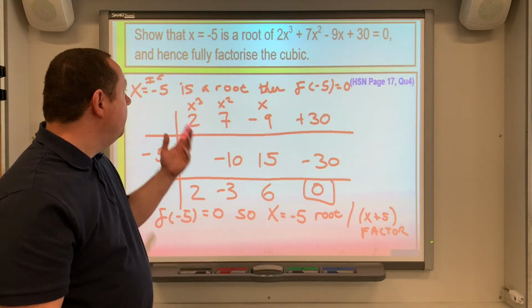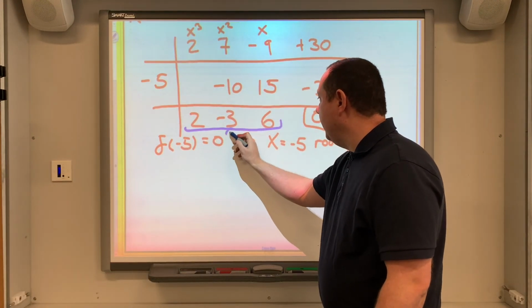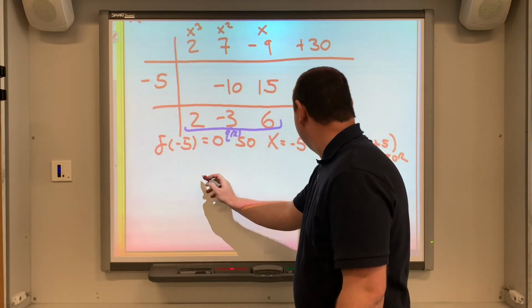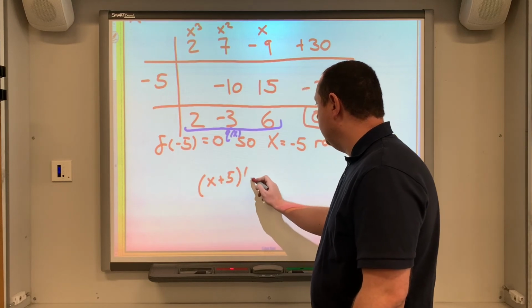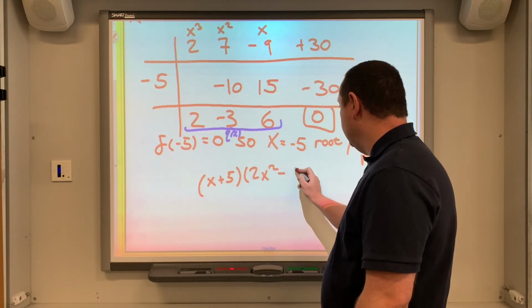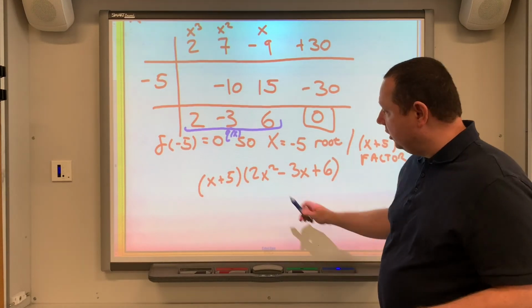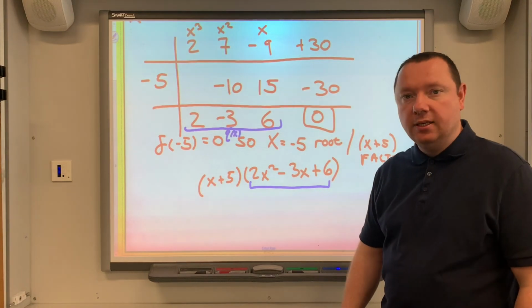Now it says, fully factorise the cubic. That's my q of x. So we've got x plus 5 is a factor, times 2x squared minus 3x plus 6. Go ahead and try and factorise it, or you could just check b squared minus 4ac on this part.